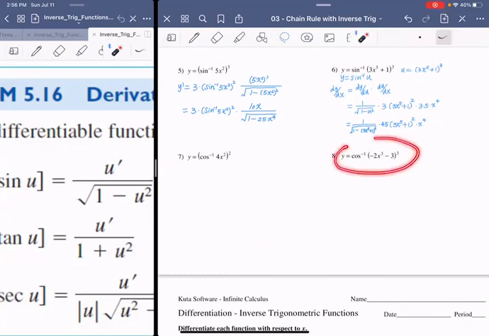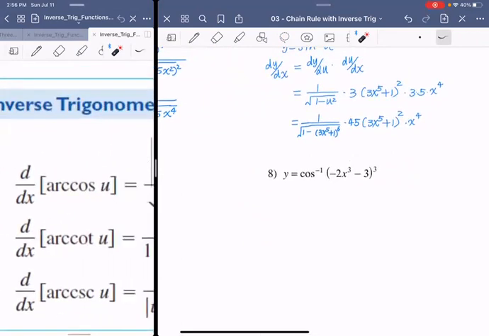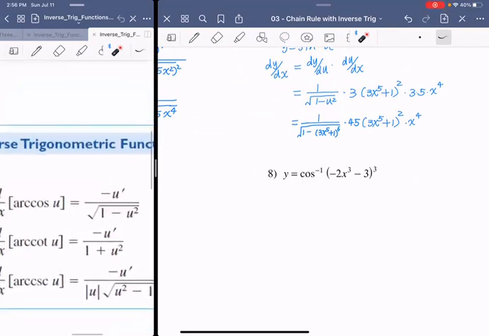Let's try number 8. I leave the formula on the left. Let's try if we can do this in one step. So y prime is going to equal the outer layer, which is that guy.